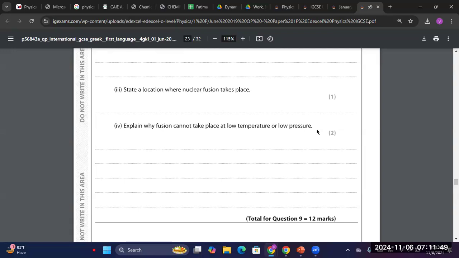Both of them have protons in them, so they both have a positive charge. So obviously, they're going to repel each other. So we need a very high temperature and a very high pressure to actually cause them to fuse and for nuclear fusion to occur, right? Making sense to everybody? Yeah. Viraj, Shreya, making sense? Yeah.